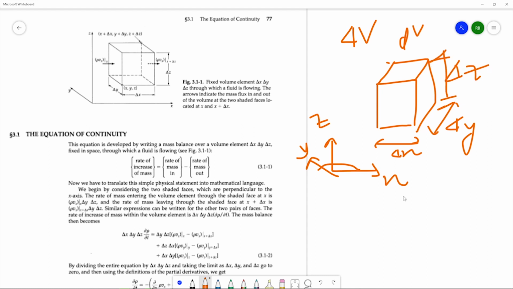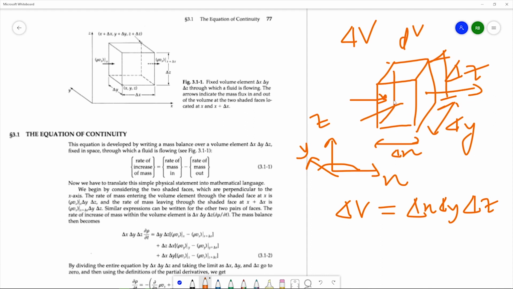So what is the total volume? The small volume, delta v, is delta x, delta y, delta z. Let's say fluid is entering in the x direction, through this surface, and going out. Fluid is coming in this face and going out, and coming in this face in the z direction and going out.